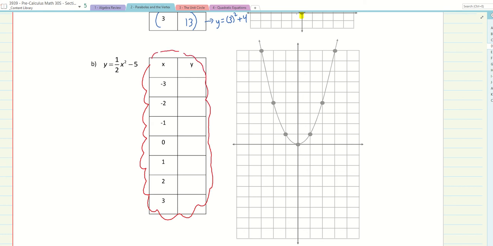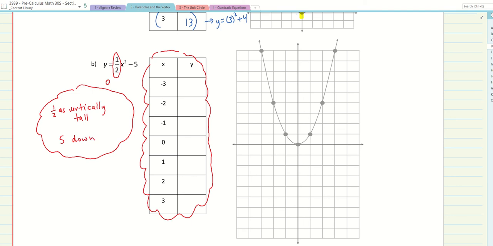Let's instead look at what is actually happening to the picture here. This is a regular parabola. The half in front means it's going to be half as vertically tall as it was. In other words, it's been vertically stretched by a scale factor of half, and it's also moved 5 down.